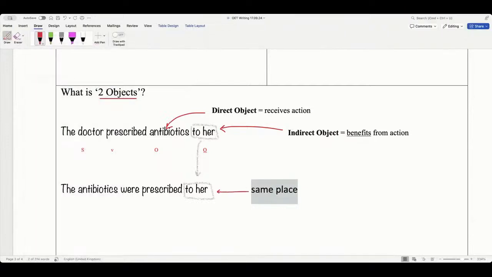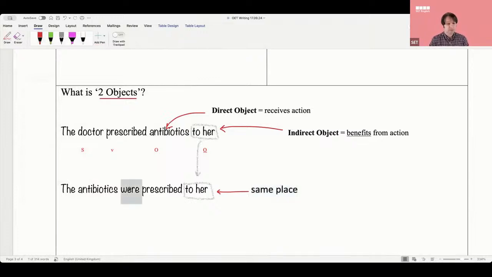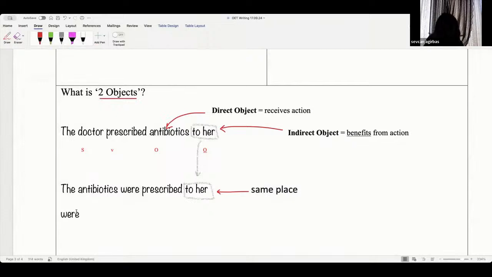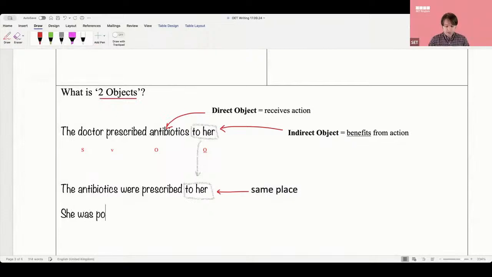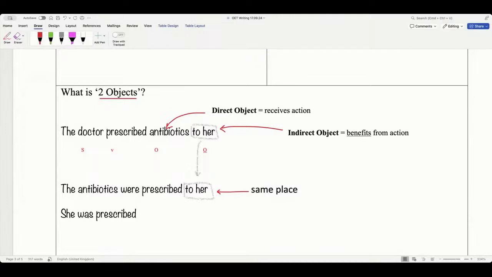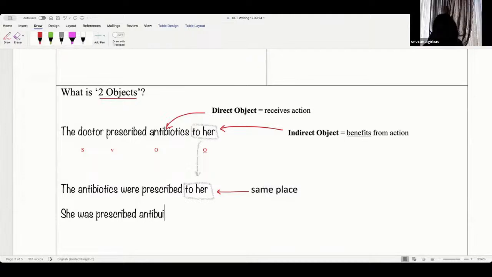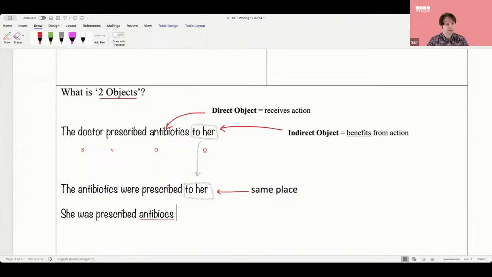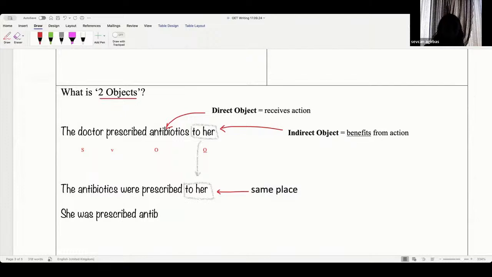So she was prescribed antibiotics. Actually, I was confused about this, but it can make sense. This does make sense, yeah. Does everyone agree this makes sense? She was prescribed antibiotics.